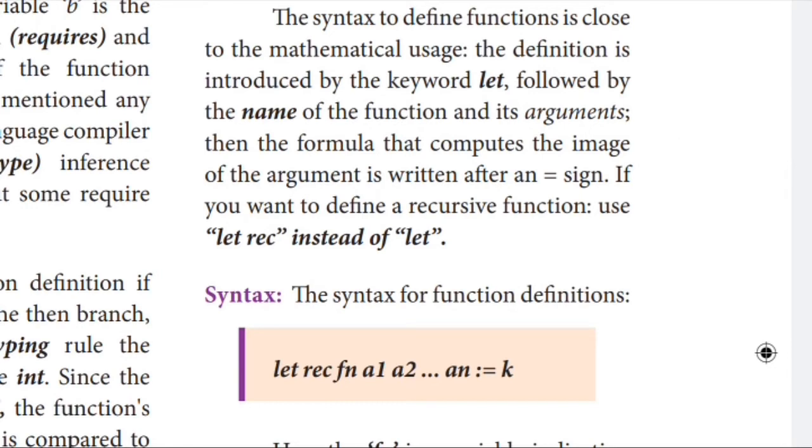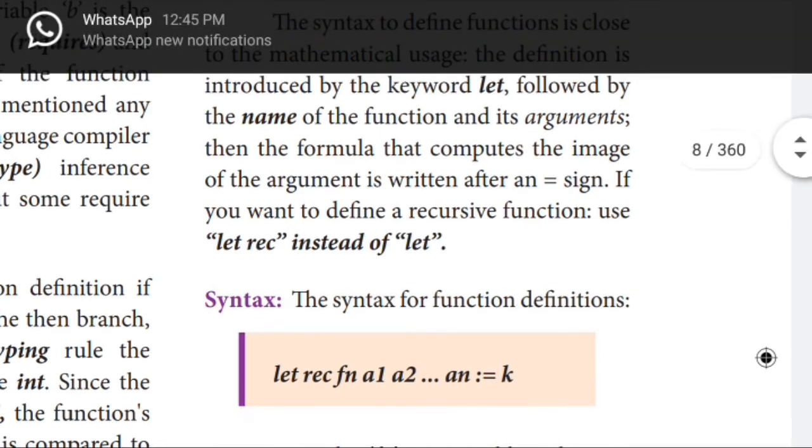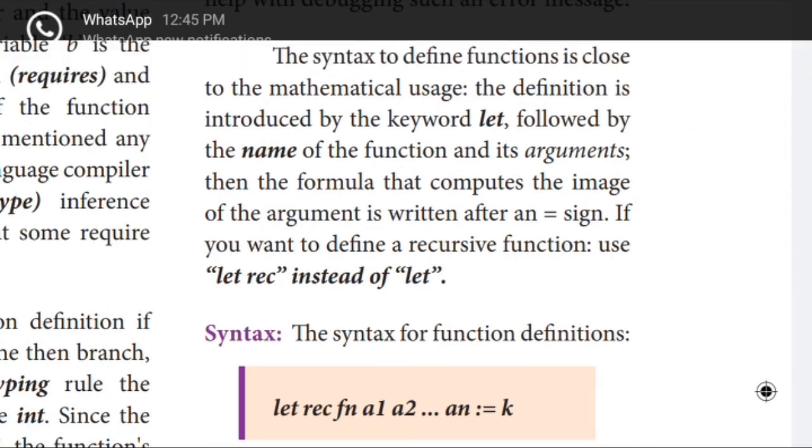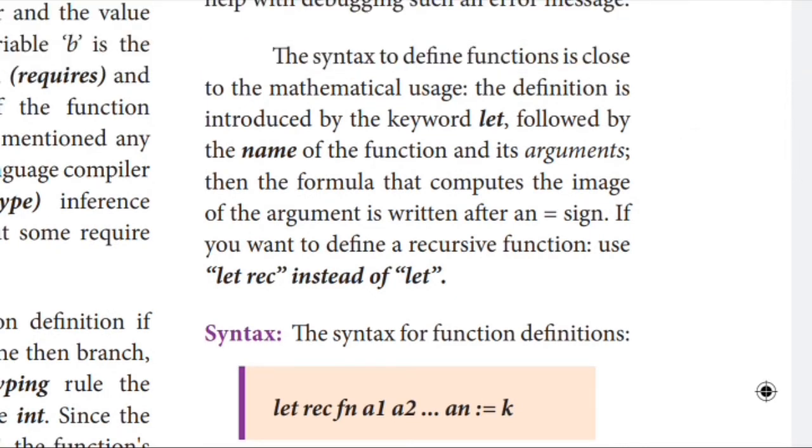That is the formula which we are going to use in this function, and it should be assigned after this equal to symbol. If you want to define a recursive function, use let rec. It means rec means recursive function. Recursive means repeated. The process we are going to use in this function is going to be a repeated process.